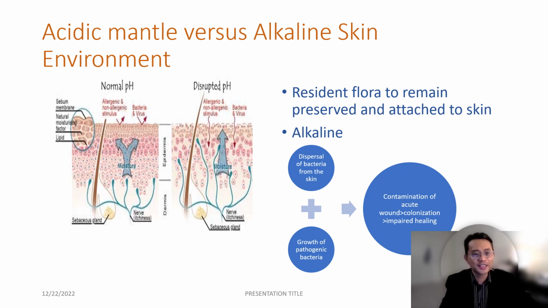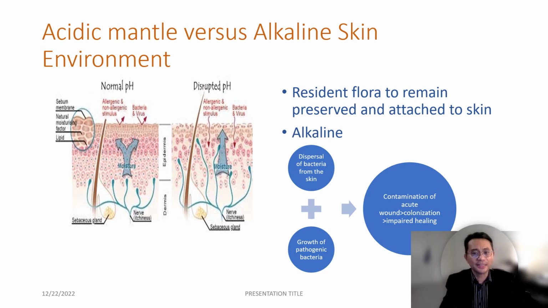So why is it extremely important to have a balanced pH on the acidic side? The resident bacterial flora remain attached and preserved to the skin if you have a normal pH which is on the acidic side.